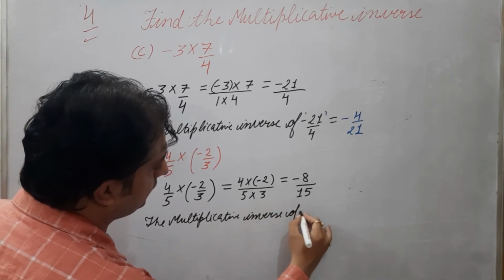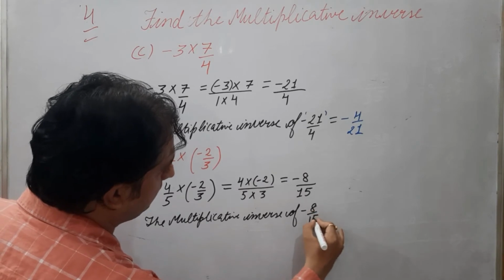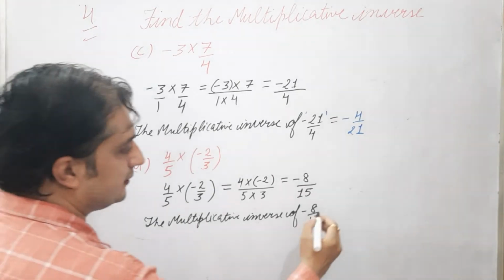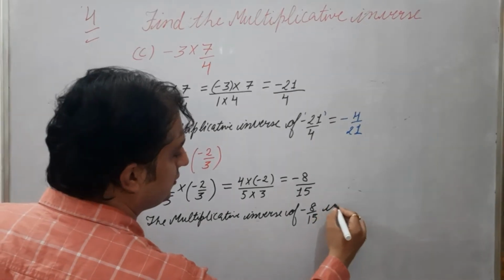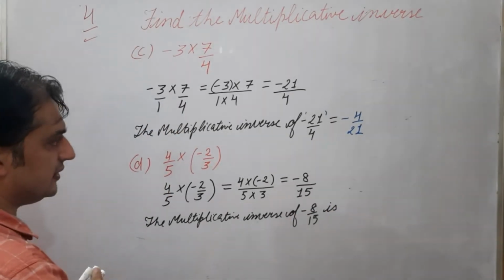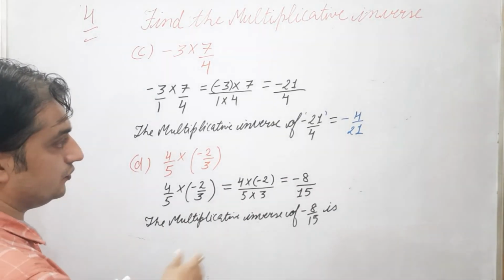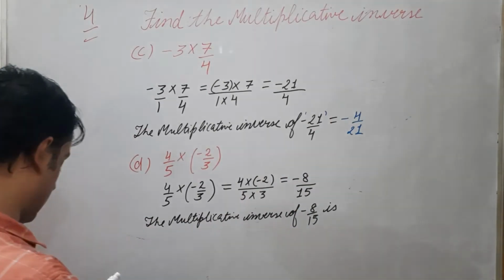of minus 8 upon 15. This minus 8 upon 15 is the product of these two rational numbers. That is, so don't write equal, just put is. Right, is. Because these two values are not equal.